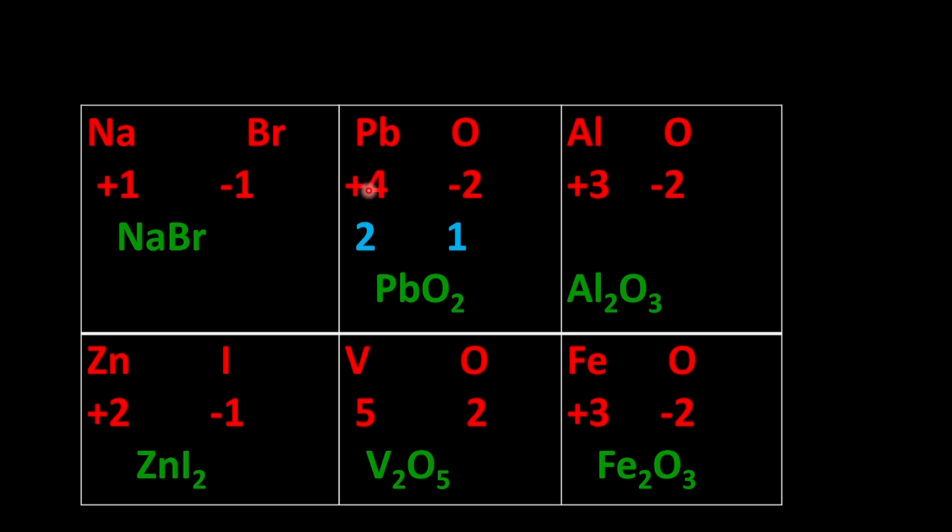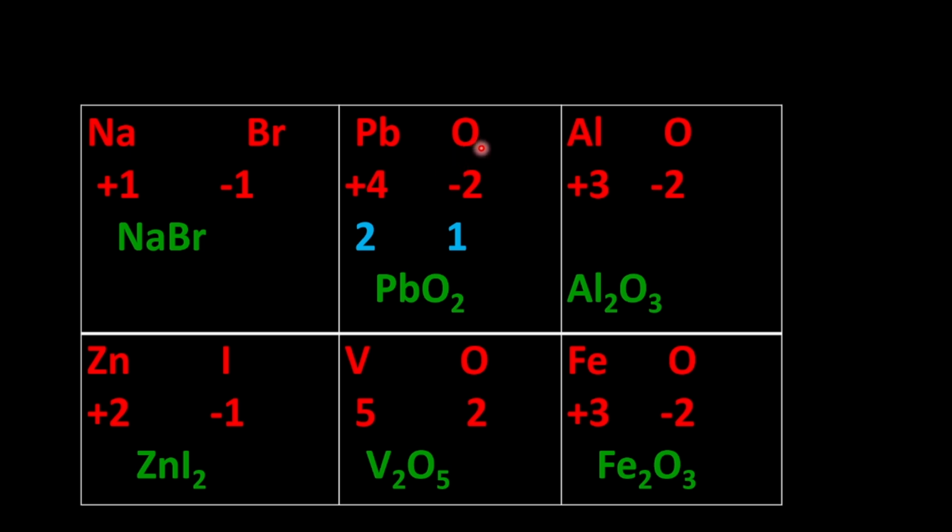So we have the 4 here. This divided by that will give you 2, 1. Looking at the numbers here, they are not the same. This is 2 and the other one here is 1. So this 2 here will go to oxygen. 1 will go to Pb. But we don't write 1. So that will give you PbO2. So that should be a subscript over here.